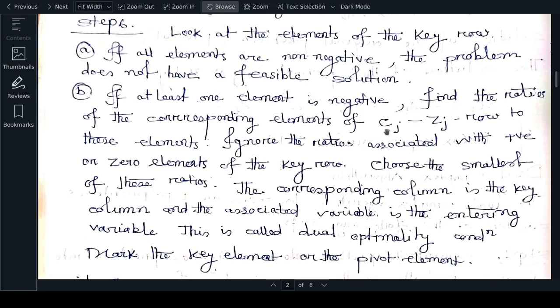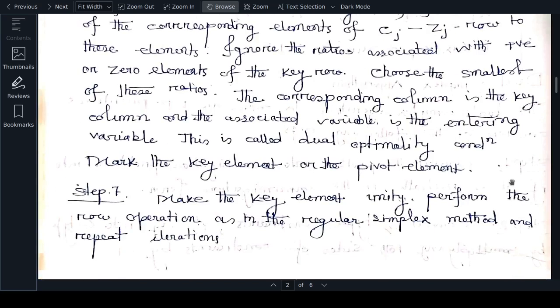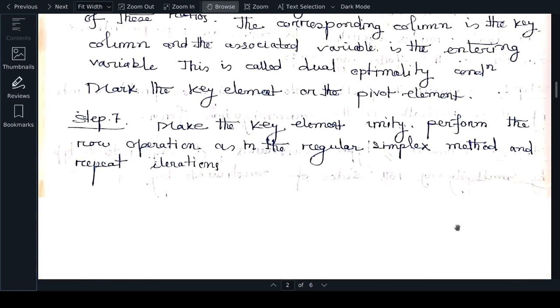Step number 7: make the key element unity, and perform the row operations as in the regular simplex method and repeat the iteration. The new element equals the old element minus the intersection of key row and key column divided by the pivot element.